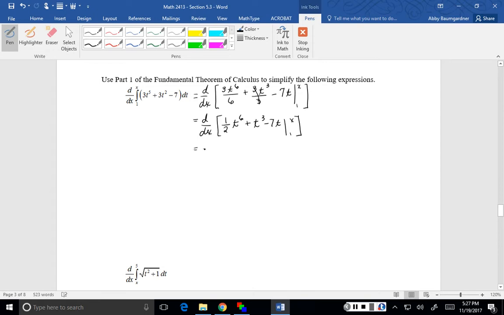All right, and then according to part 2, I plug the x in first, and then I plug the 1 in.